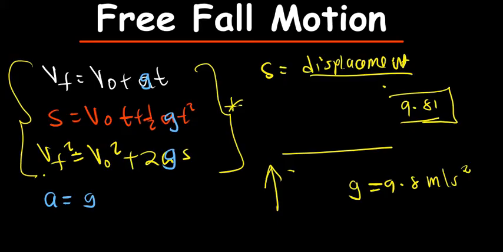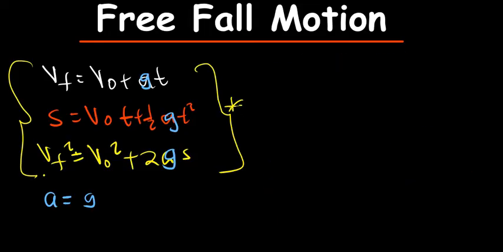Now, one more thing. When we are talking about free fall motion, another thing that should come to your mind is this. If I have an object which has a mass of 5 kg, and I have another object which has a mass of 20 kg.